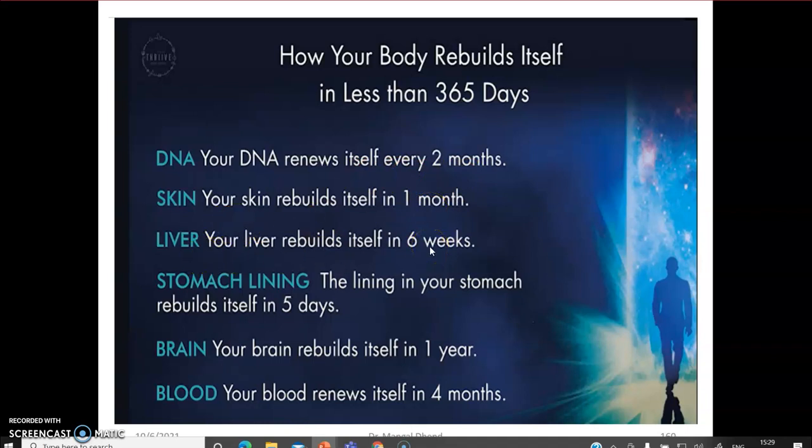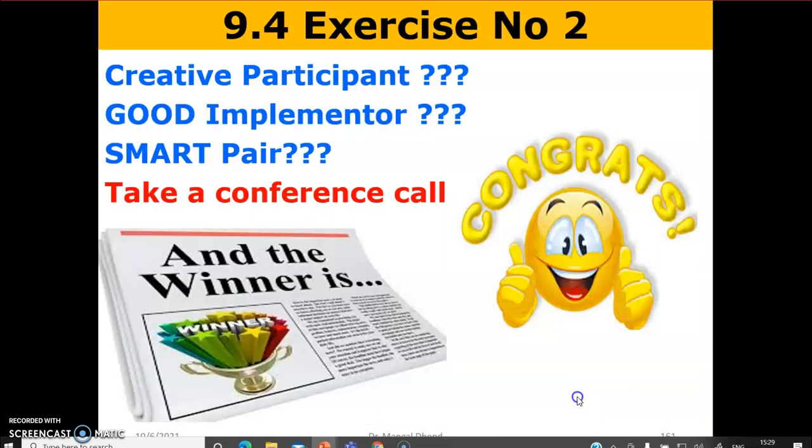The liver rebuilds within 6 weeks. Stomach lining within 5 days. The brain in 1 year, and blood in 4 months. So whatever you do, you have to think of all these time periods. Miraculous changes are there. Generally, if you do something for 21 or 24 days, then it stands lifelong.